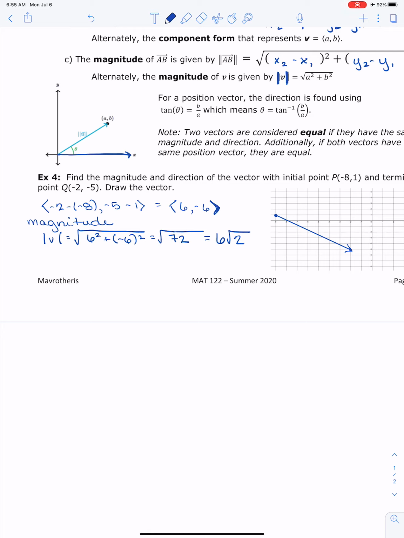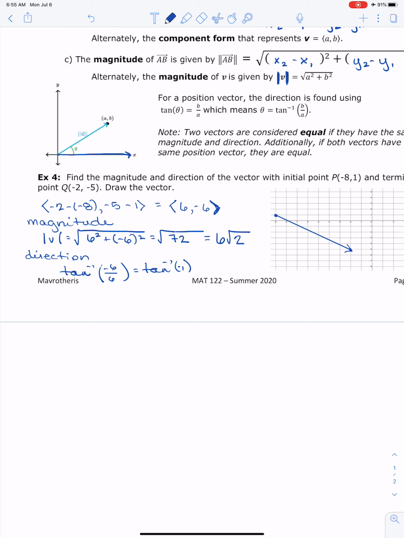Okay. The other thing it wants is the direction. And the direction, it tells us inverse tangent of b over a, which here is -6 over 6. So we're looking for the inverse tangent of -1.